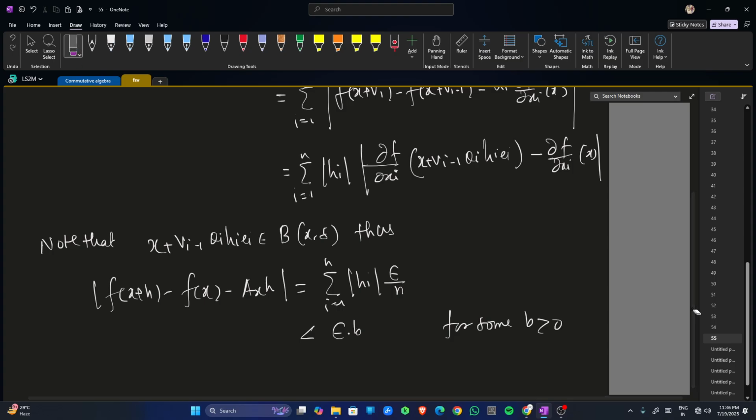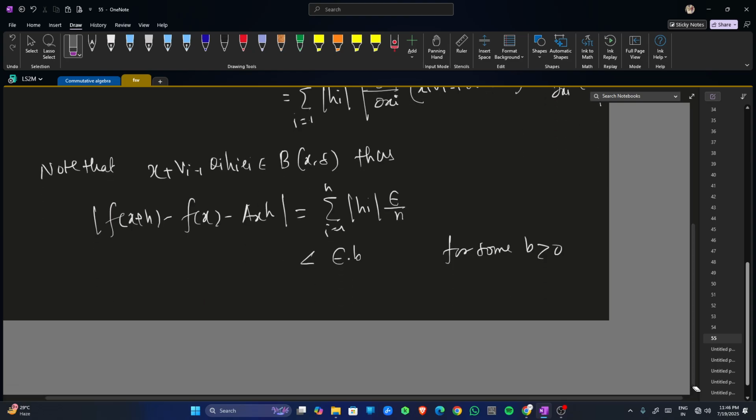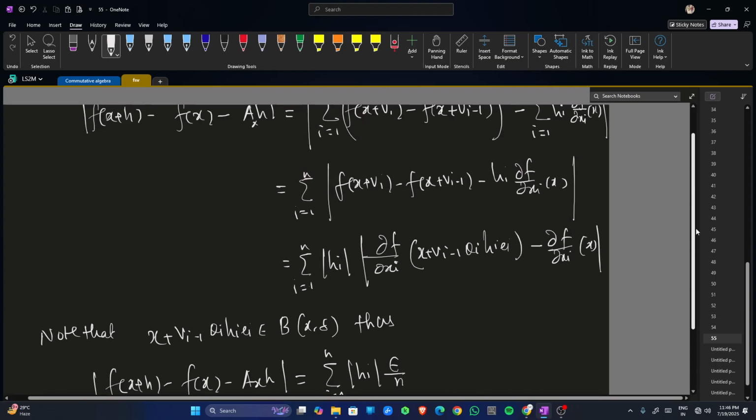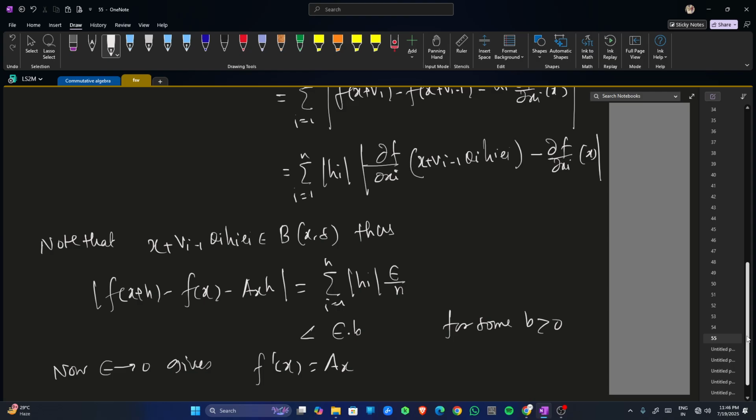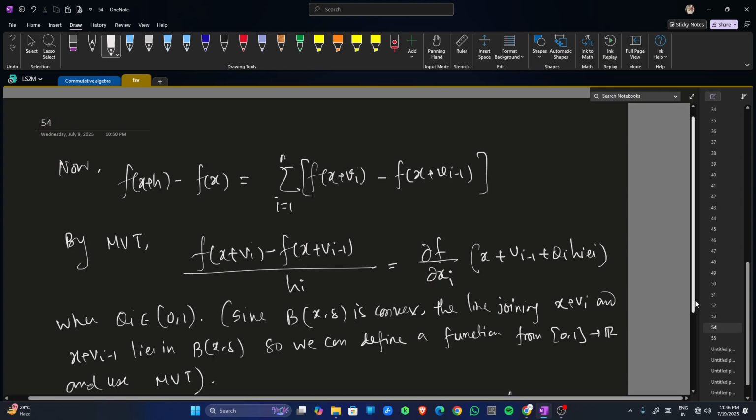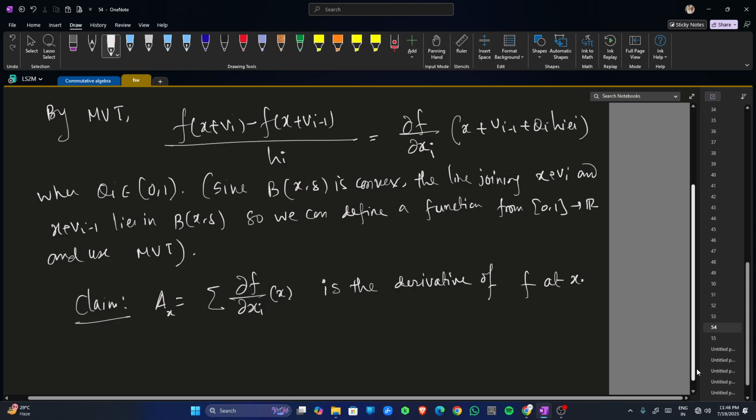This implies f prime x equals... Now, epsilon tending to 0 gives f prime x equal to ax. This proves the first part. This proves the claim.